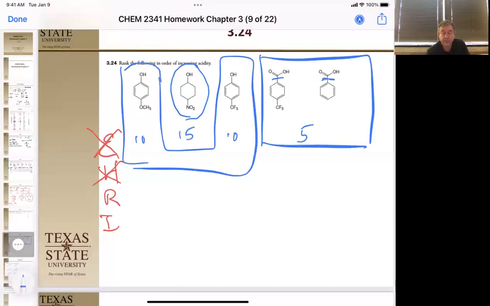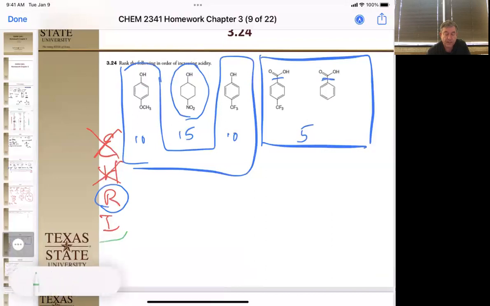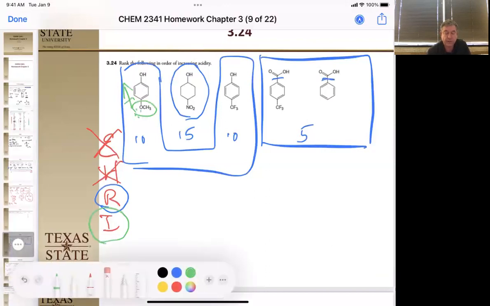So let's talk about these two here. We've already done our resonance, so now we have to go to inductive effects. In the inductive effect, we have a group right here that has lone pairs, so it can donate electrons, I'm sorry, that's the wrong arrow.